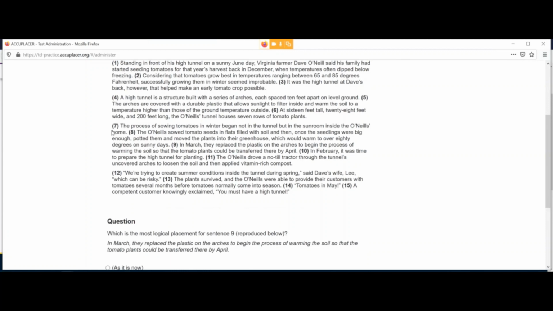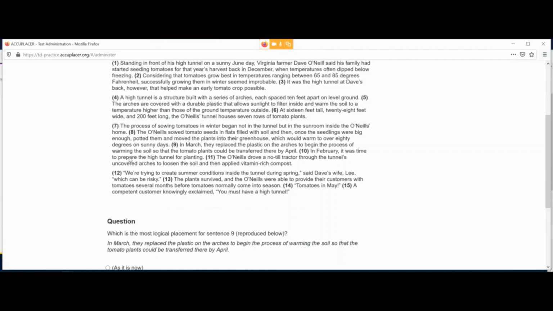The process of sowing tomatoes in winter began not in the tunnel, but in the sunroom inside the O'Neills' home. The O'Neills sowed tomato seeds in flats filled with soil, and then, once the seedlings were big enough, potted them and moved the plants into their greenhouse, which would warm to over 80 degrees on sunny days. In March, they replaced the plastic on the arches to begin the process of warming the soil so that the tomato plants could be transferred there by April.